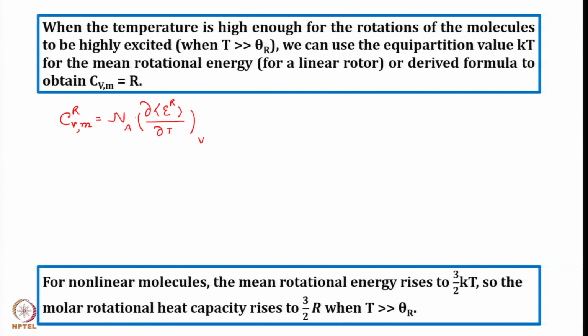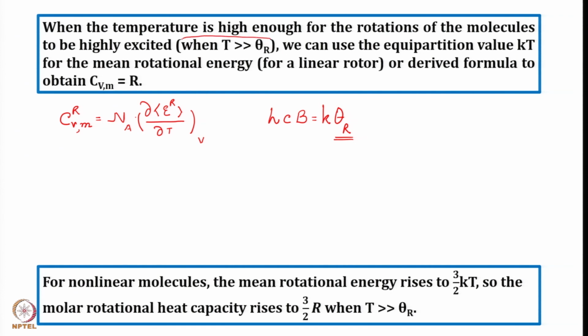In the same way we can use directly the equipartition value, that is when the temperature is very high. High temperature means, you remember that we have discussed that hcB is equal to k theta R, and this theta R is the rotational temperature.